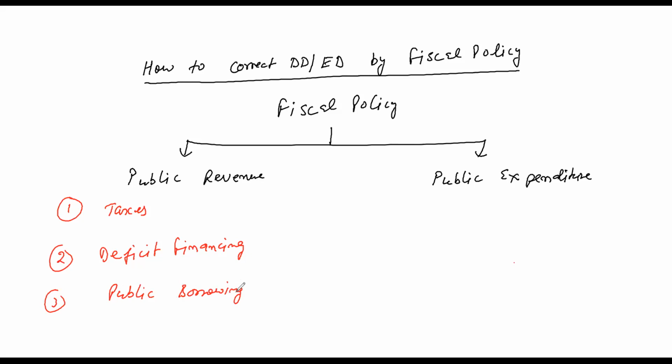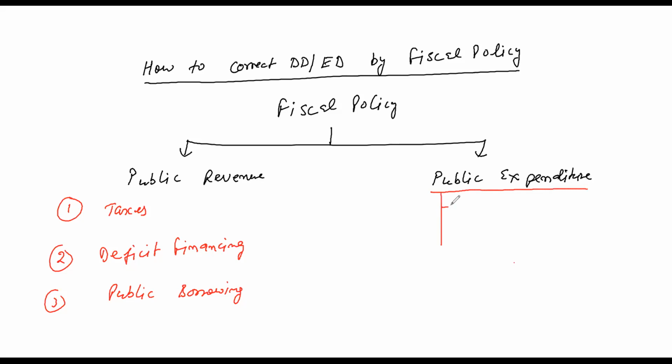And with this revenue, government spends. So public expenditure: everything on which government spends, taken as a whole, is known as public expenditure, or government expenditure. So government spends on what?